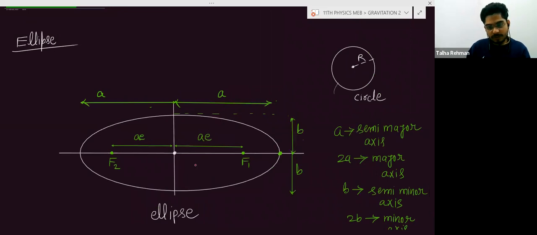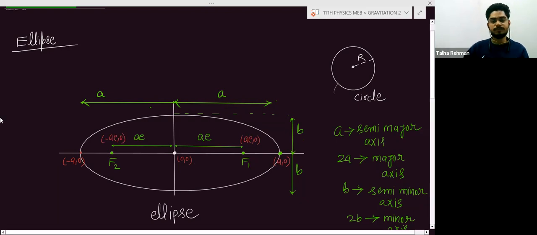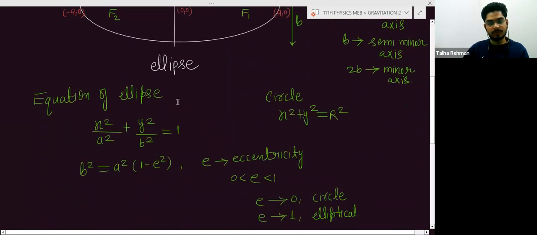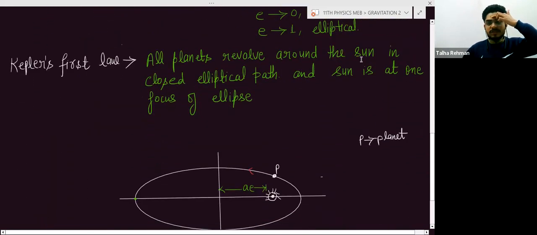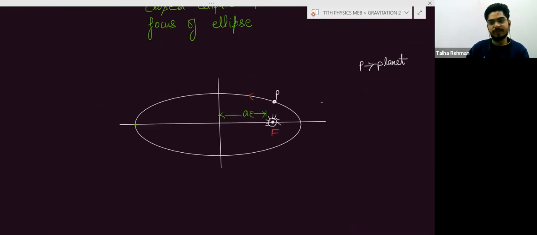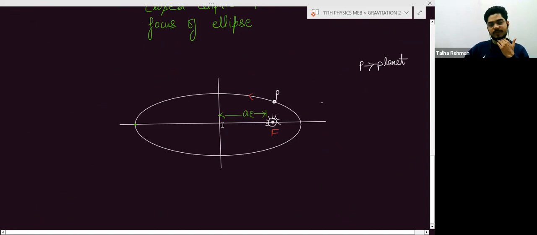Now this coordinate will be a comma 0, and this coordinate will be minus a comma 0 if this is the origin, and this coordinate will be AE comma 0, and this coordinate will be minus AE comma 0. So this is the first law. The planet revolves around the sun in a closed elliptical path, and the sun is at one focus of the ellipse, which is at a distance of AE from the center of the ellipse.